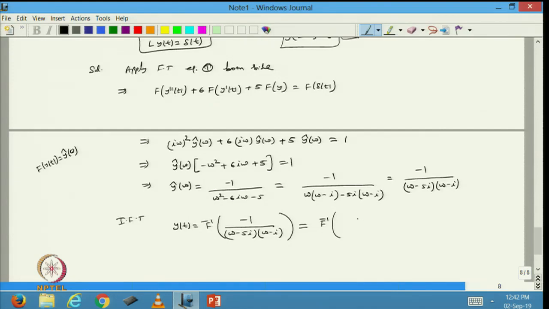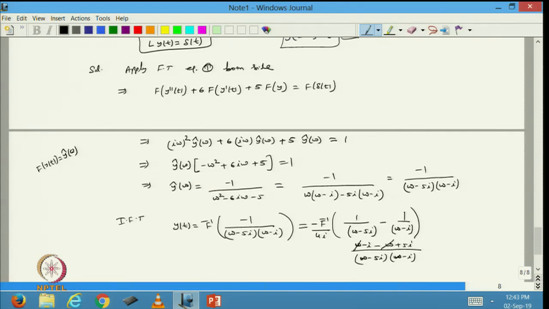So, further solving this one, this can be written as 1 over 4I, omega minus 5I, taking the minus sign outside, plus minus 1 over omega minus I. So, this one will be minus 1 over 4I, because if you take the LCM of this, it will be omega minus 5I, omega minus I, then it will be omega minus I minus omega plus 5I.